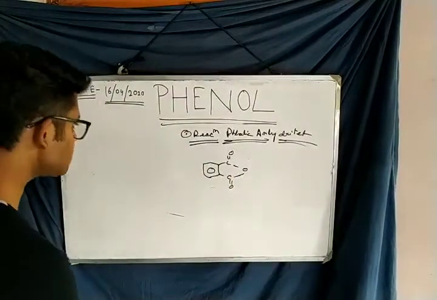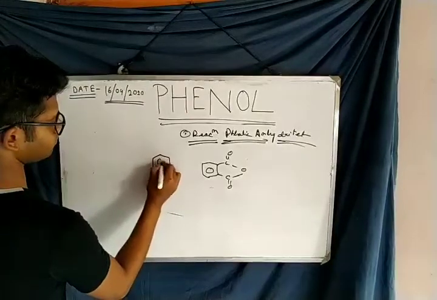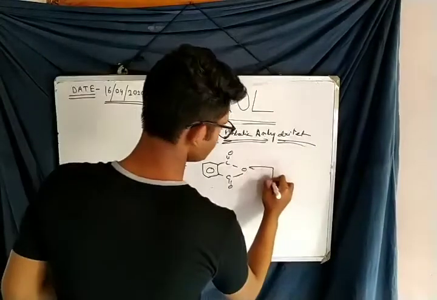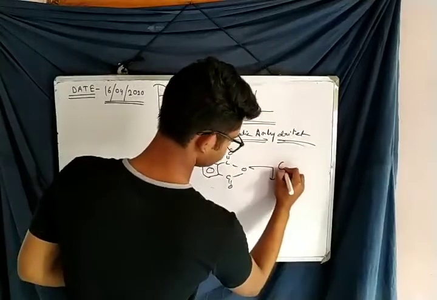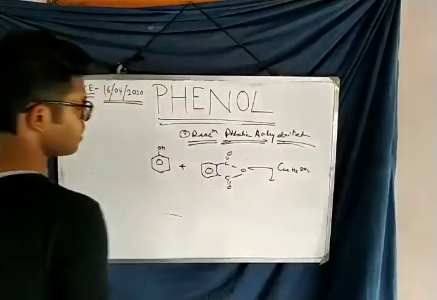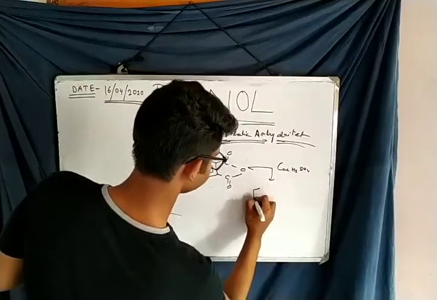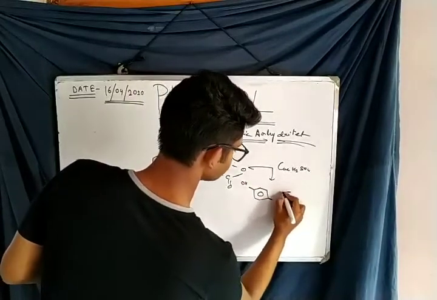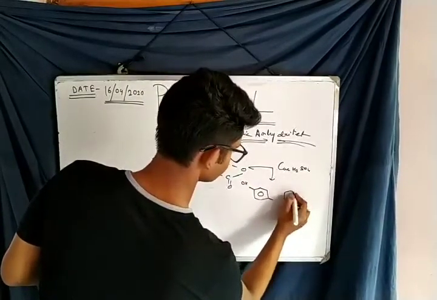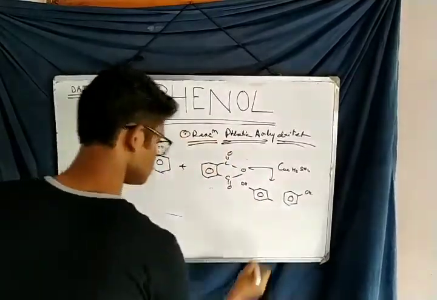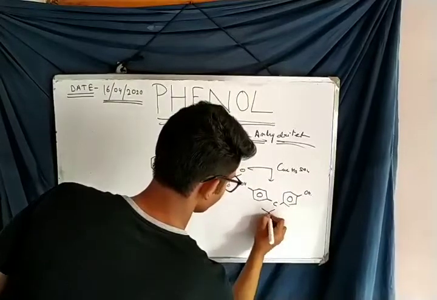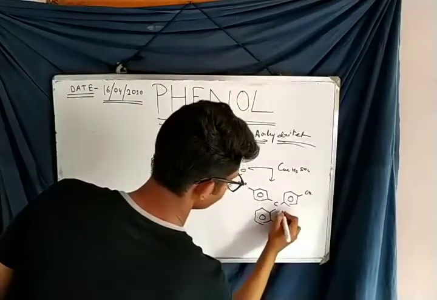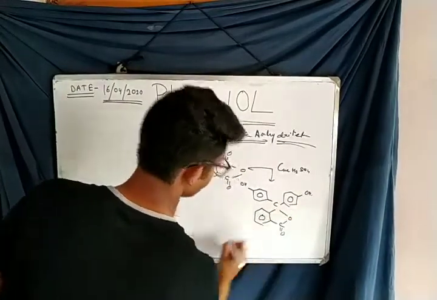So if phenol is treated with phthalic anhydride, with the reagent concentrated H2SO4, it gives us a structure like this: OH, OH, one carbon atom is attached to this group, and O, C, O. See properly.